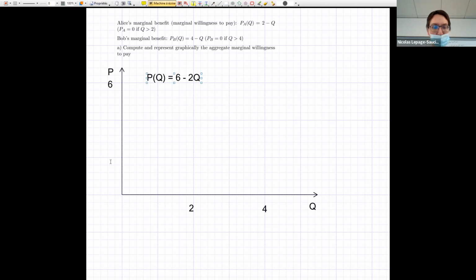I said this would be 2, 4, 6, so I should be there. I'm looking at the value at 2: it's 6 minus 2 times 2, so that's 2.